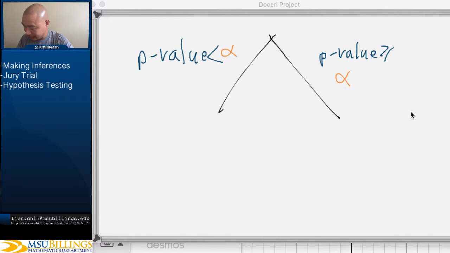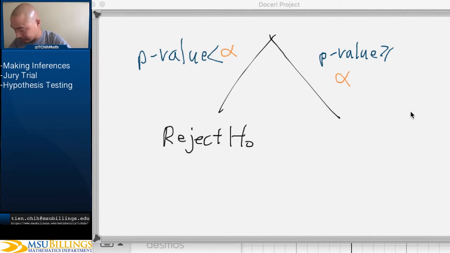If it's less than alpha, we get to reject the null hypothesis. Otherwise, we accept it.